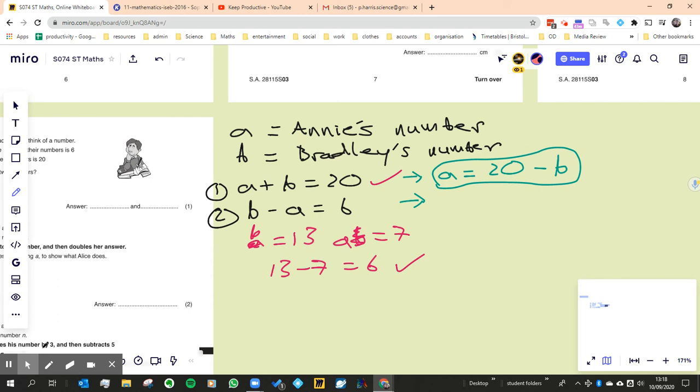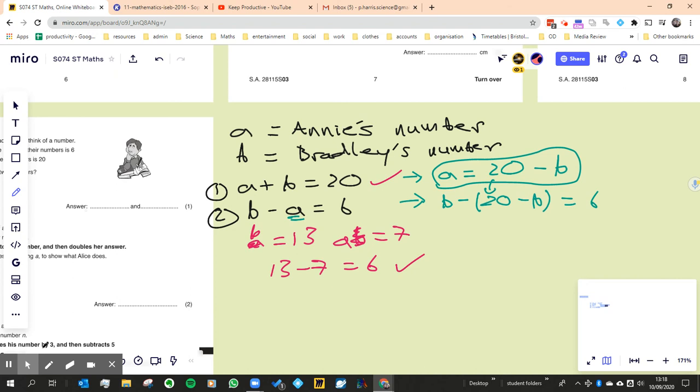So equation 2 says B minus, and then instead of writing A, I'm going to write 20 minus B. And I'm going to say equals 6.